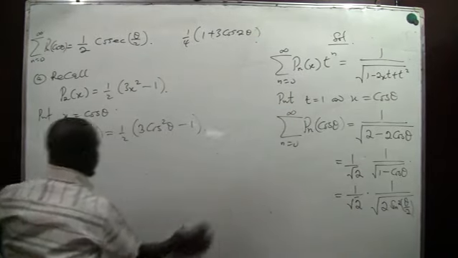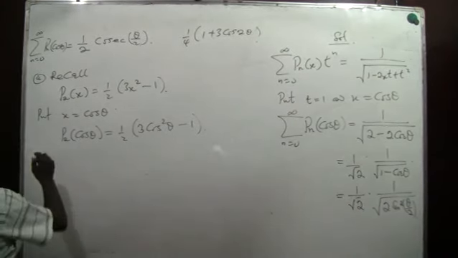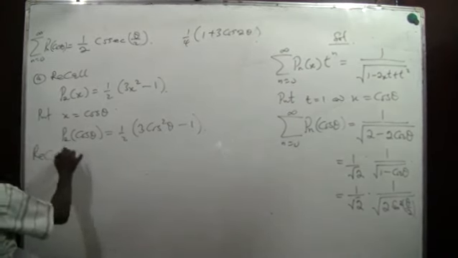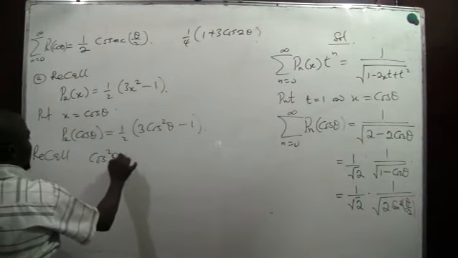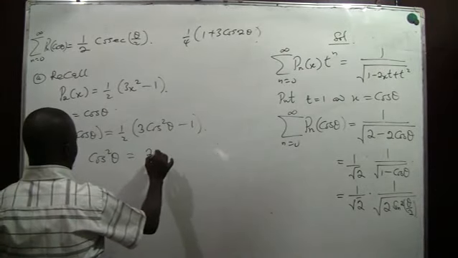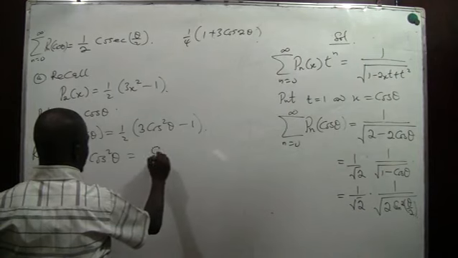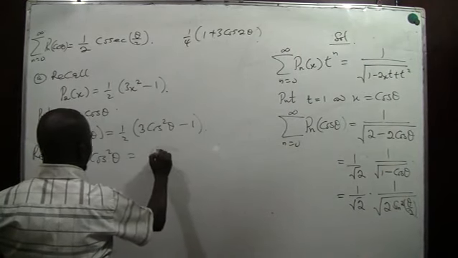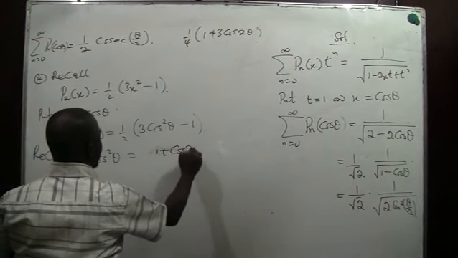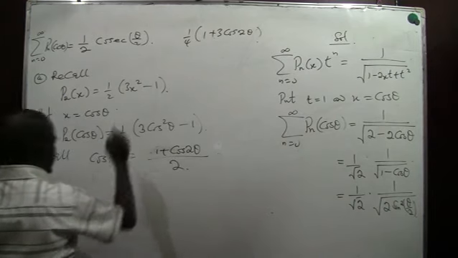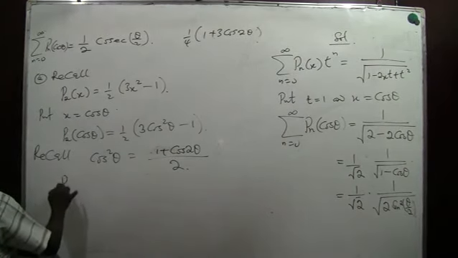In terms of double angle, recall that cos square theta is 1 plus cos 2 theta all divided by 2. Substitute that into the expression.